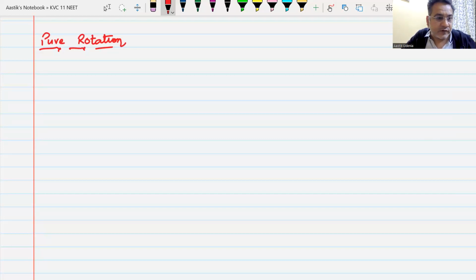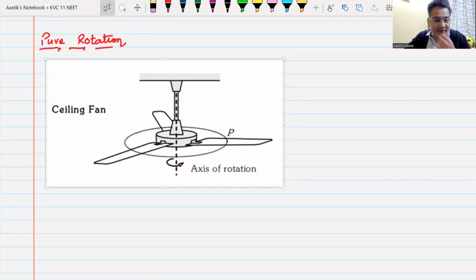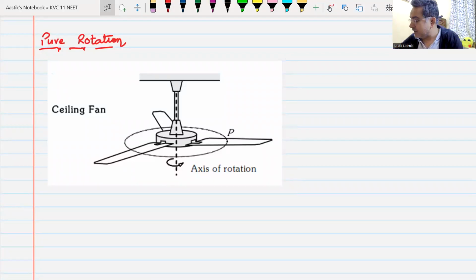I'll give you the example of that ceiling fan. This is the ceiling fan, and this is how it rotates. You take any point P on the ceiling fan, and you look at the motion of this point.